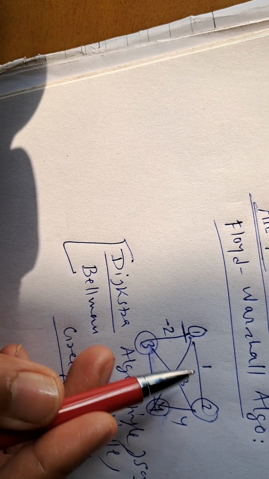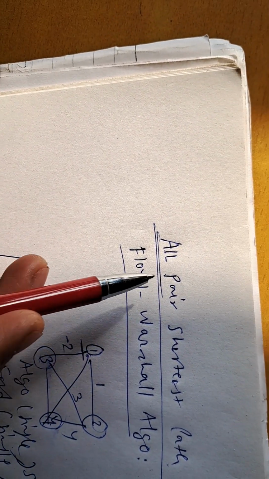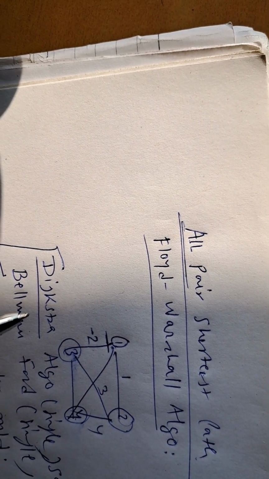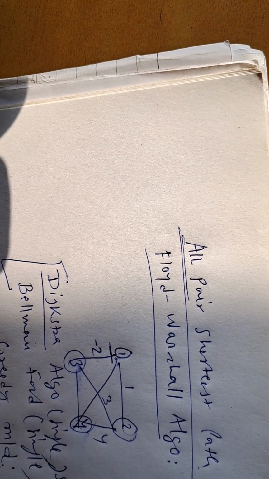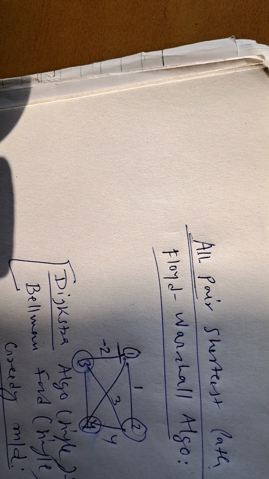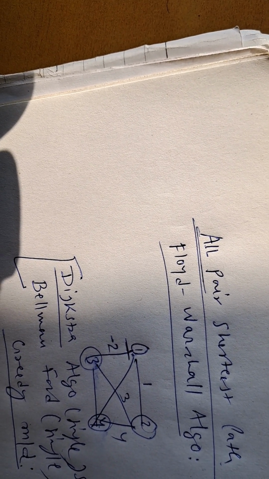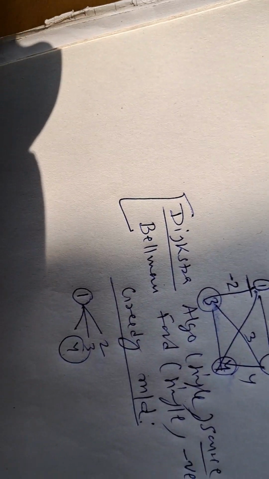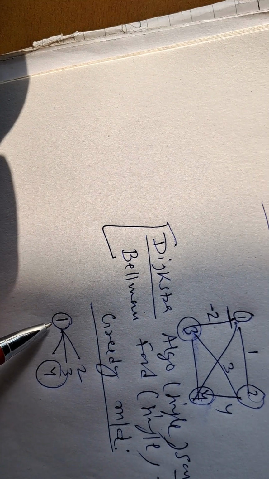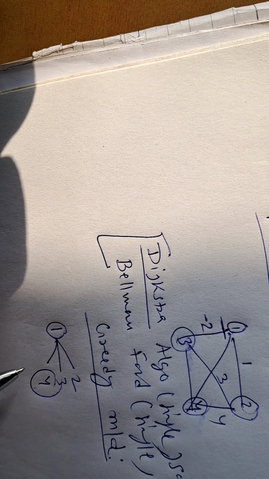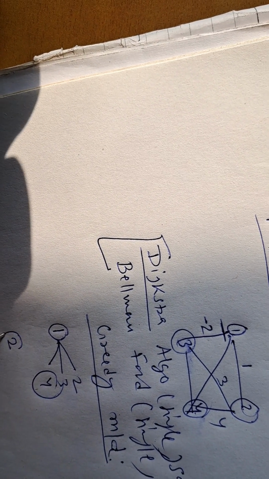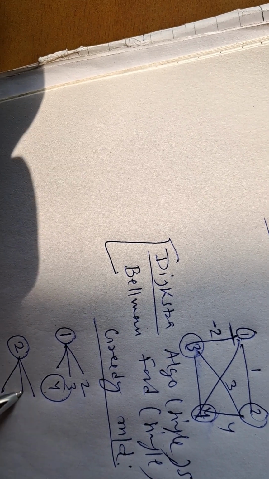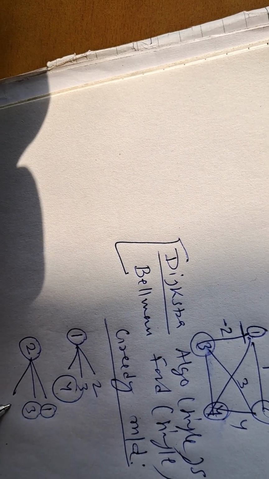First of all, let's find out the problem statement of all pairs shortest path. If 1 is my source, then what is the shortest path to reach 2, 3 and 4? Second problem could be, if the source is 2, how to reach 1, 3 and 4.